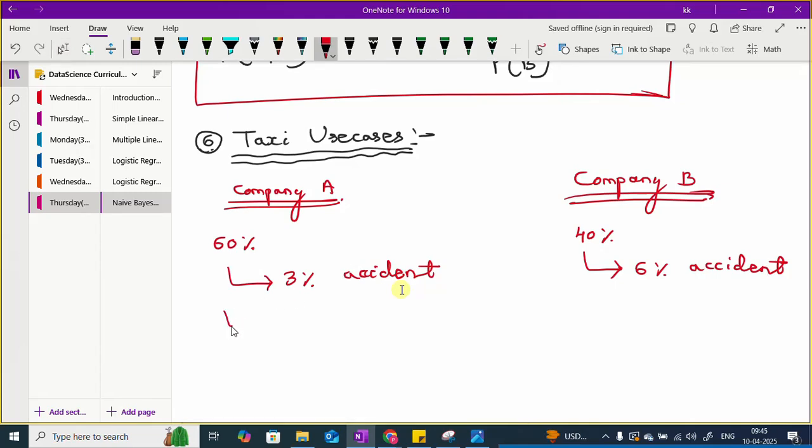I can say 100 minus 3, 97 percent, no accident. Clear? Similarly, here, if 6 percent face an accident, then can I say 94 percent face no accident? Clear or not? This is given in the problem.